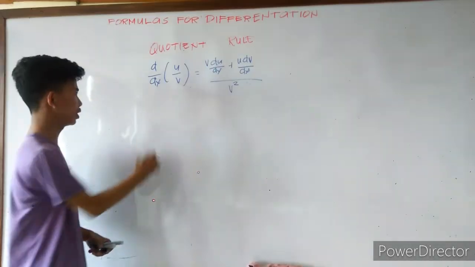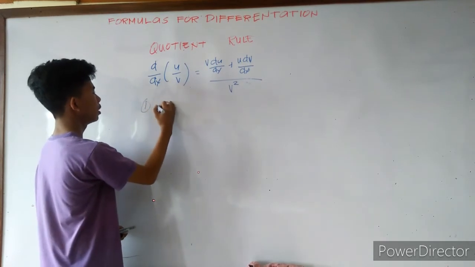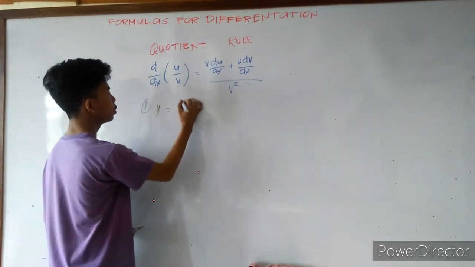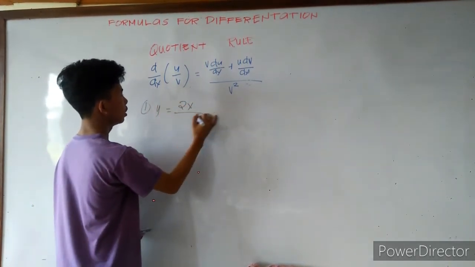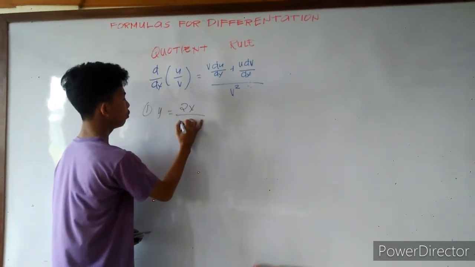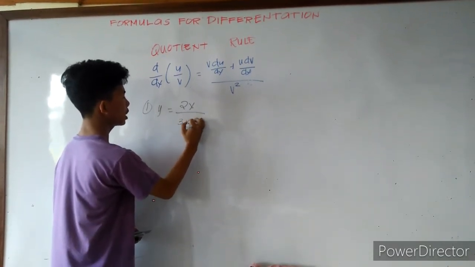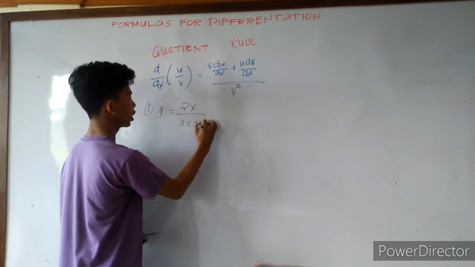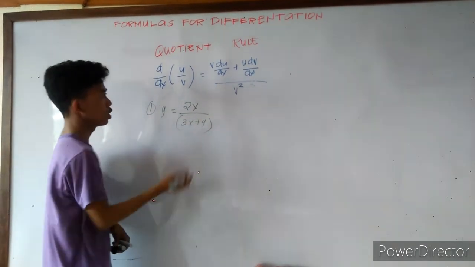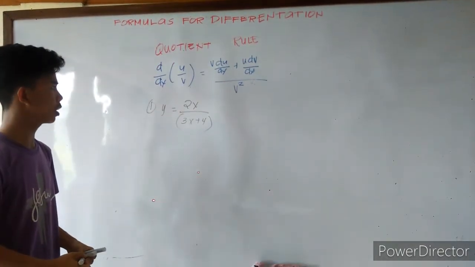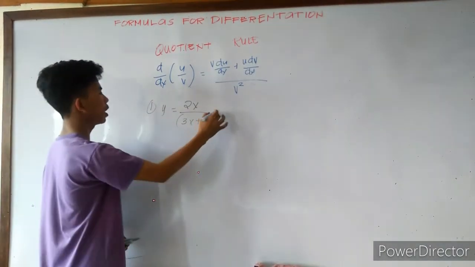Let's try this example. Example 1, y equals 2x over 3x plus 4. So let us base on the formula to get the derivative of this function.